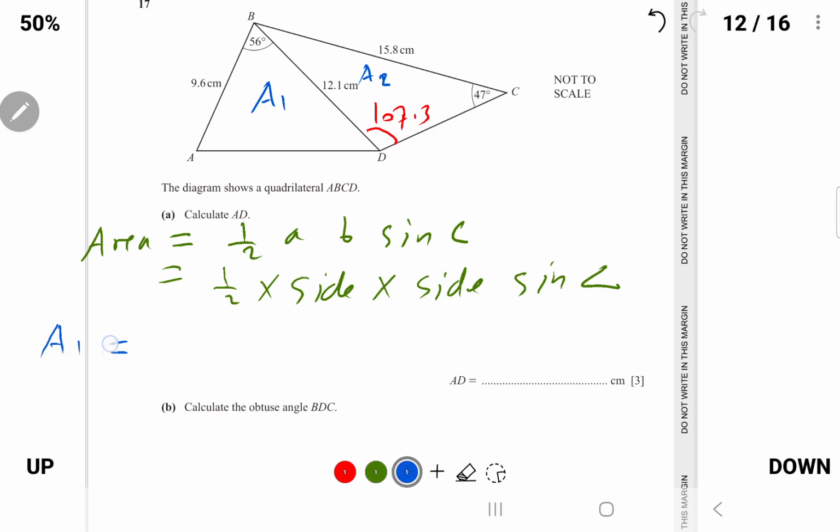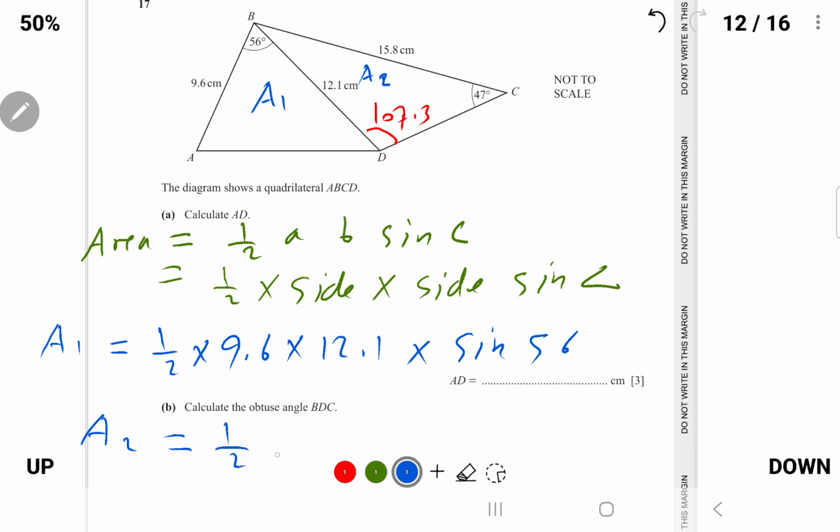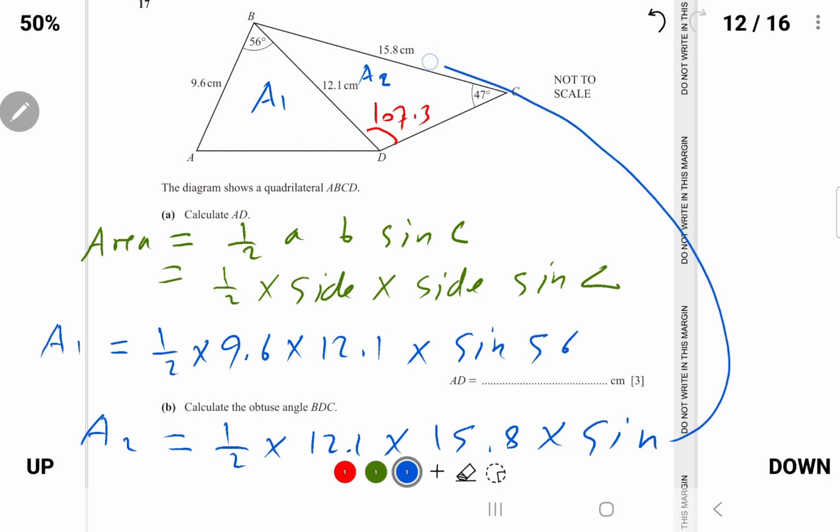Area 1 is equal to half times 9.6 times 12.1 times sine 56. And area 2 would be, in this case, half times 12.1 times 15.8 times sine of the angle, which is here.